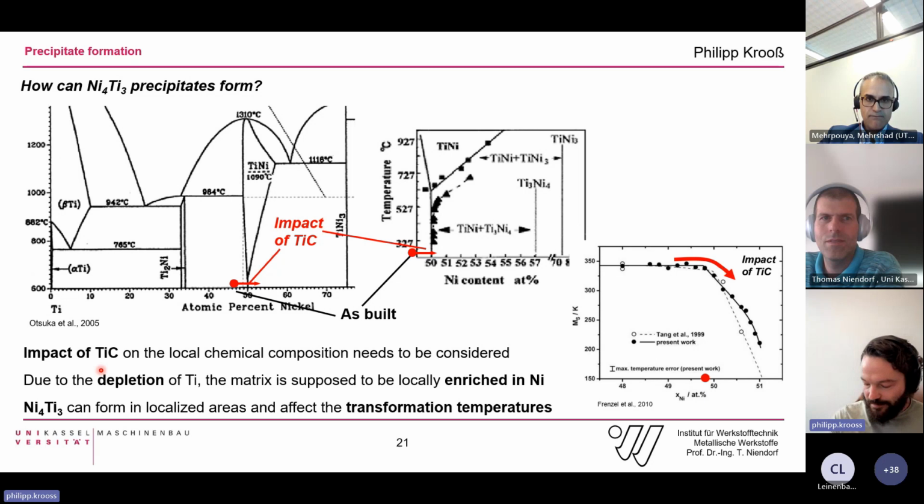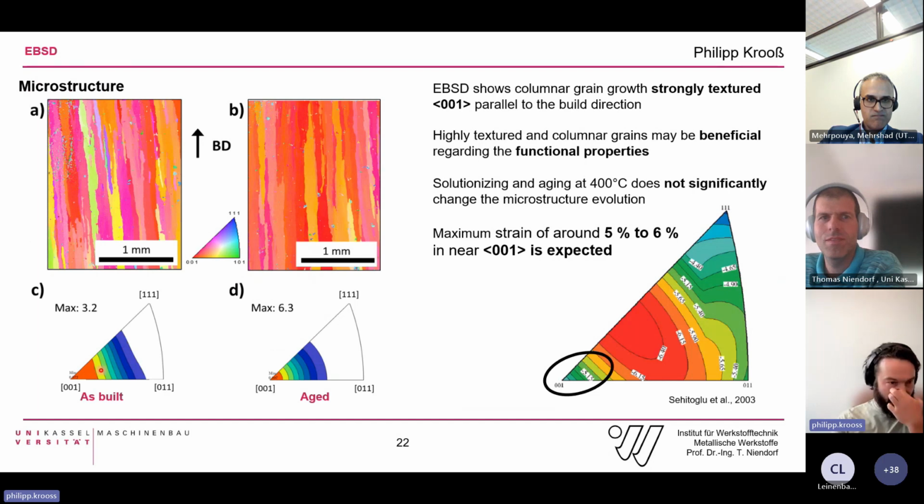Up to now, nobody argued with us, so this is now the truth we can tell here. So the carbides have an impact on the precipitation behavior, and with this we can manufacture high carbon content nickel titanium alloys, which show some nice functional properties, which I will show in a second.